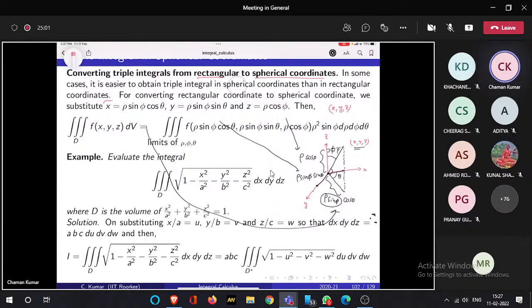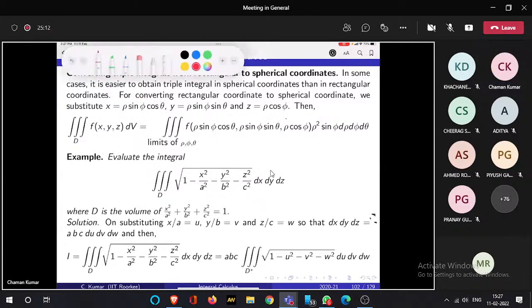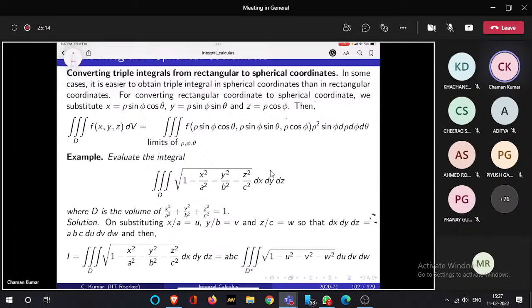Now with this transformation, we can transform this integral in the rectangular coordinate to the spherical coordinate. So simply substitute the value of x, value of y, and the value of z.